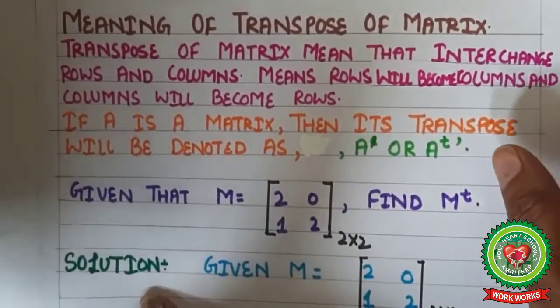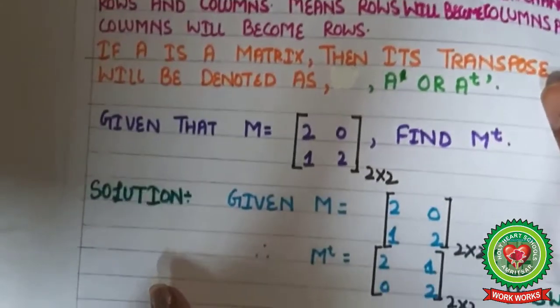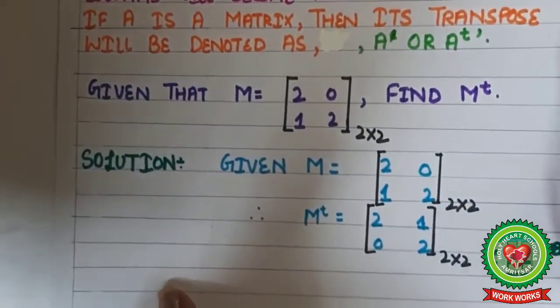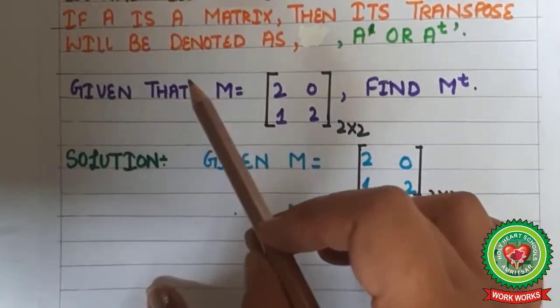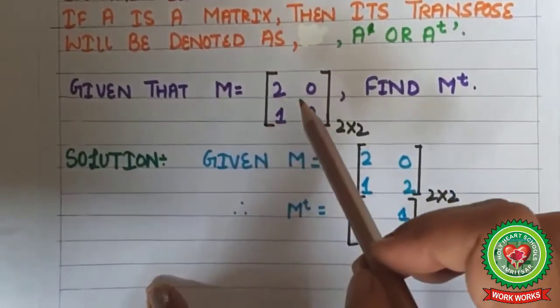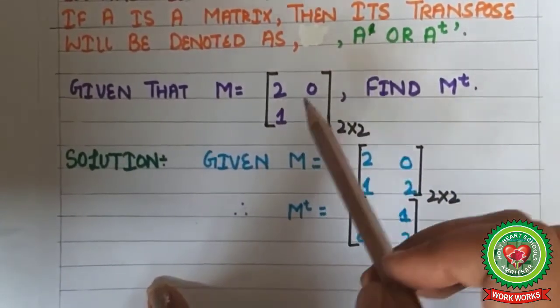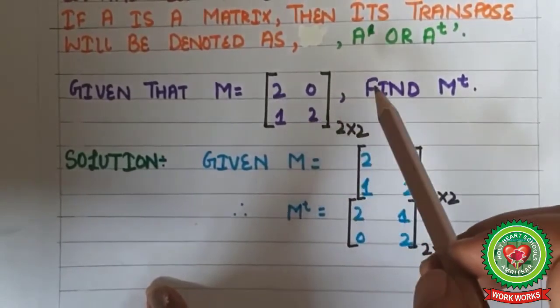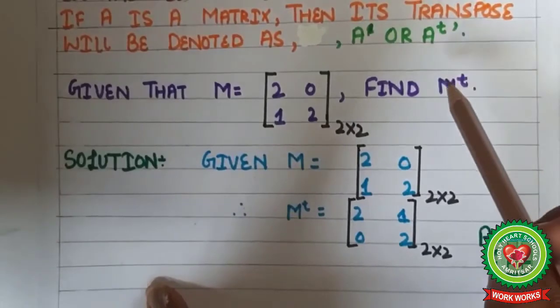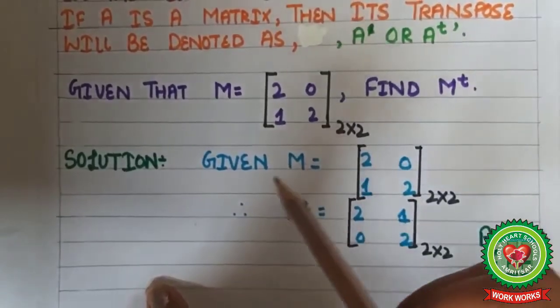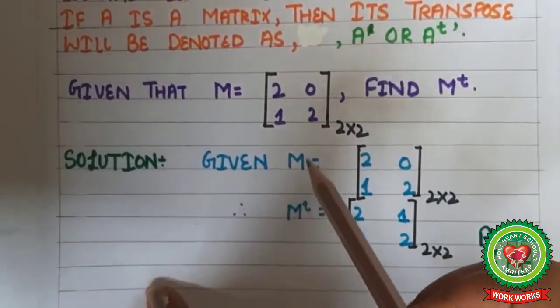Now we will start with the question in which we have to find transpose. Statement is given that the matrix M equals to 2 0 1 2. Find M T, means we have to find the transpose of the matrix M. First of all, write what is given.